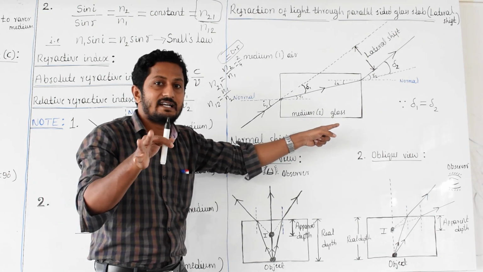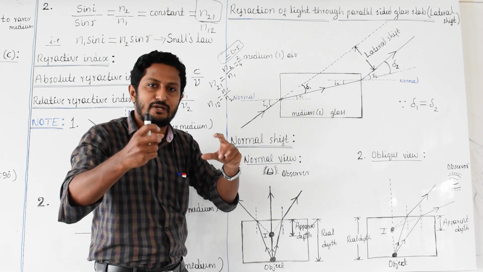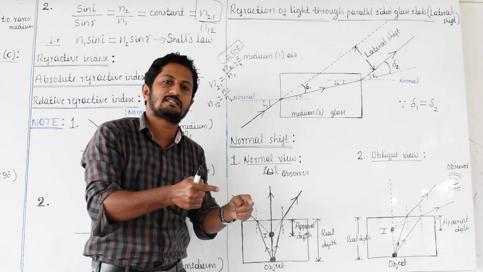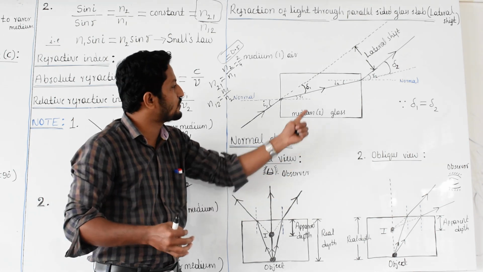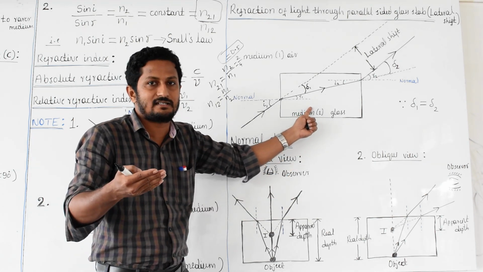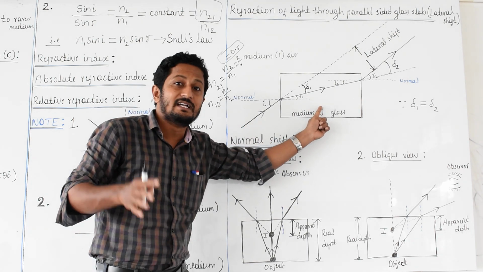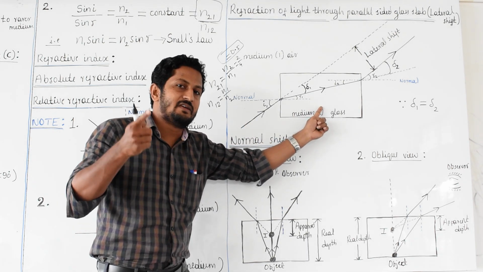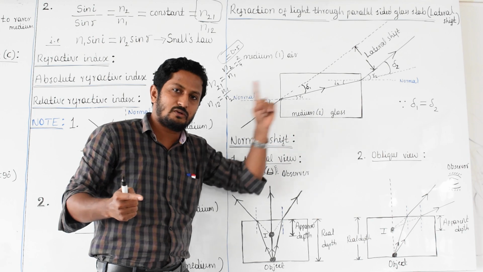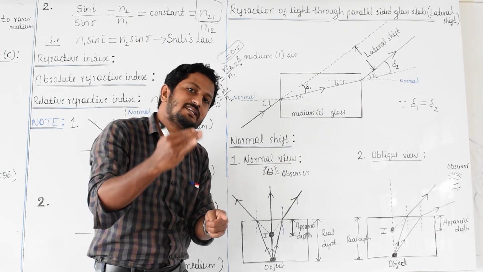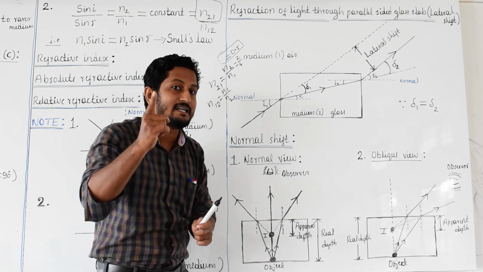Glass is denser because in that, molecules are packed tightly, so the speed in glass is going to decrease. So we call it denser. Now the light ray is moving from the rarer medium to the denser medium. When light moves from rarer to denser, it is going to bend towards the normal in the denser medium.